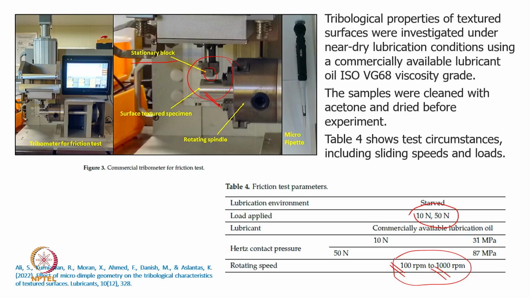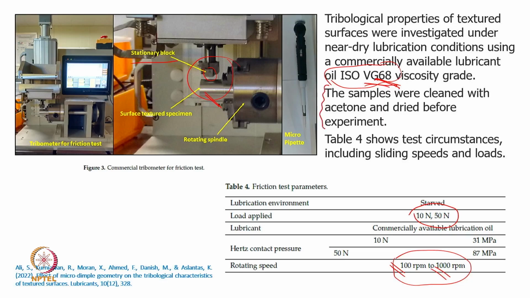As lubricant, they use VG68, the viscosity grade oil. VG68 gives the viscosity of the lubricant, and the kinematic viscosity of the lubricant is something like 68 centistokes. So, the VG grade itself provides the viscosity of the lubricant.